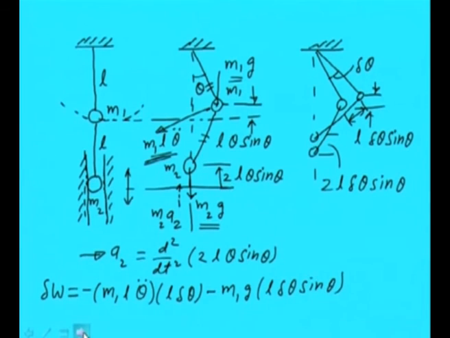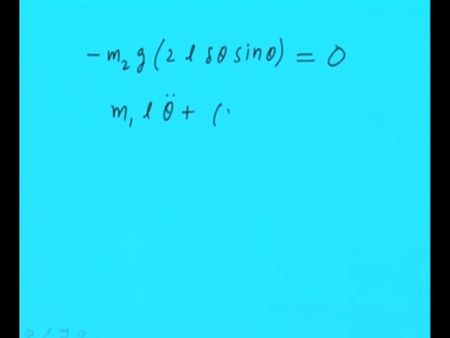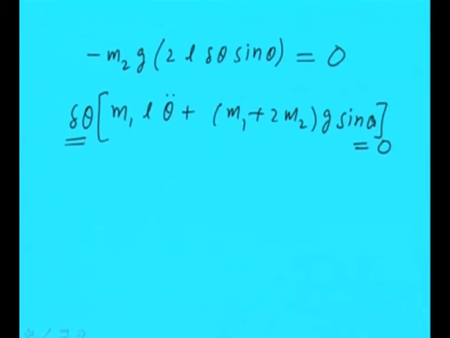The second mass has this much virtual work done, and the total should be 0. If we simplify this, we will get this quantity, and it will be multiplied by delta theta, because this is a virtual displacement.